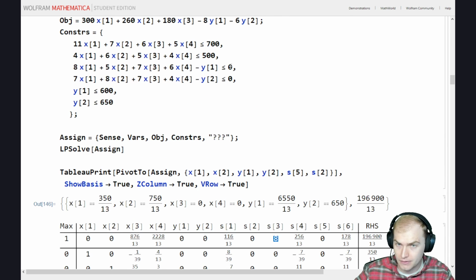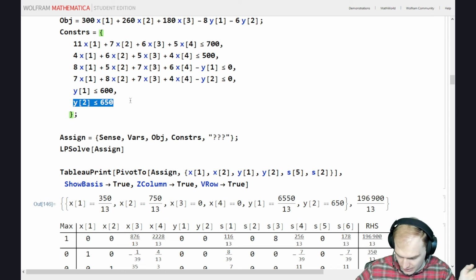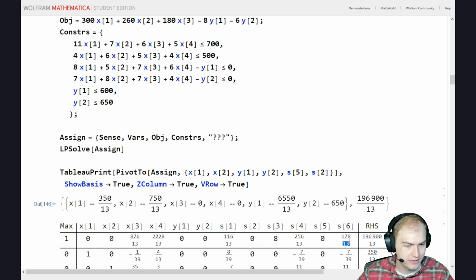S3 is a slack in the amount of skilled labor. Well, S6 is this constraint. It says that we can only hire 650 unskilled labor hours. If we could increase that to say 700, we might have a better optimal solution.